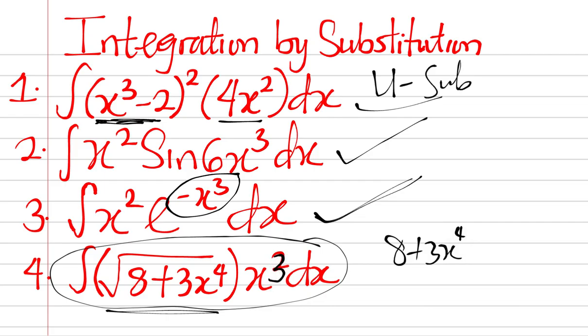So x plus x raised to power 3, then raised to power 1 over 2. So you are going to let it be u. You represent this one with your u. And then you do the integration and get the final answer. I will not write the final answer for you. You solve and tell me the final answer in the comment section.